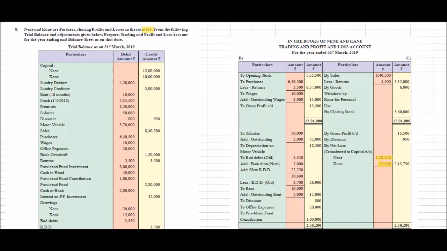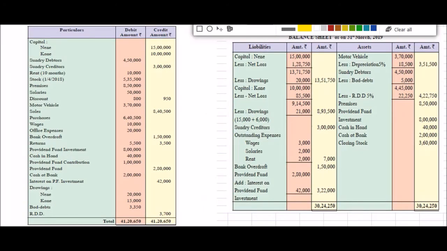Now we have calculated the trading account and P&L account. Now we'll see the balance sheet. This total amount of 2,30,200 rupees will be transferred to the balance sheet.